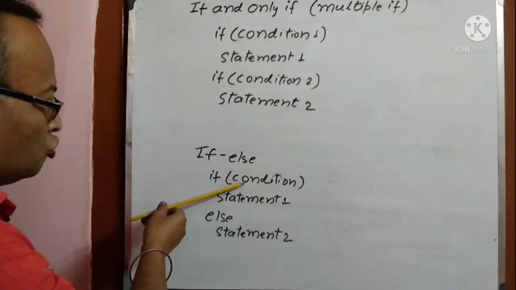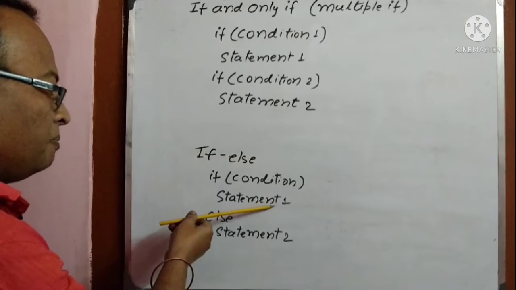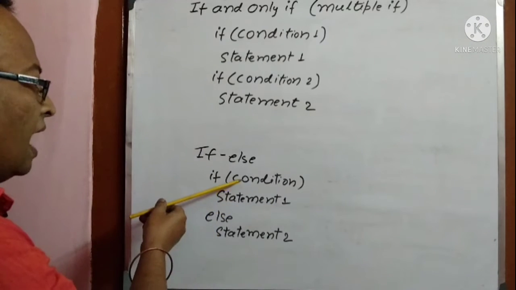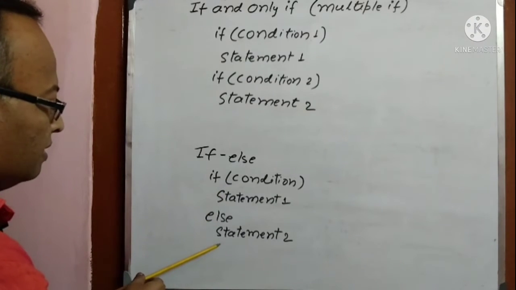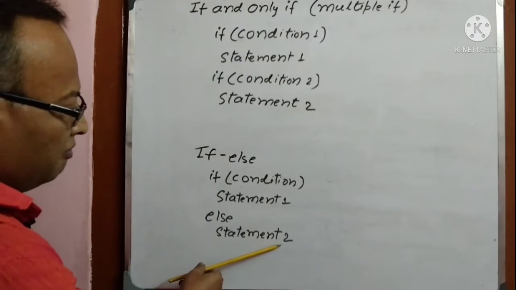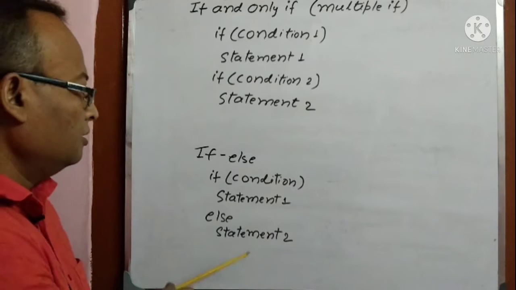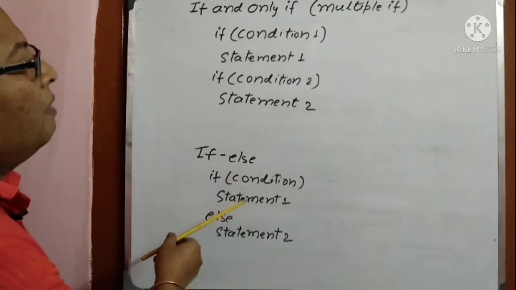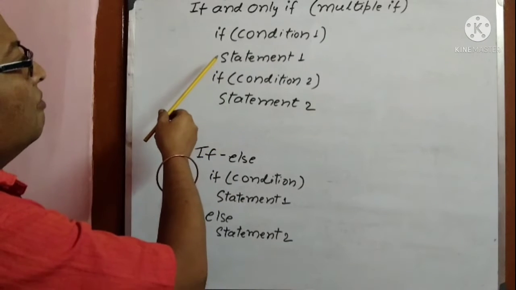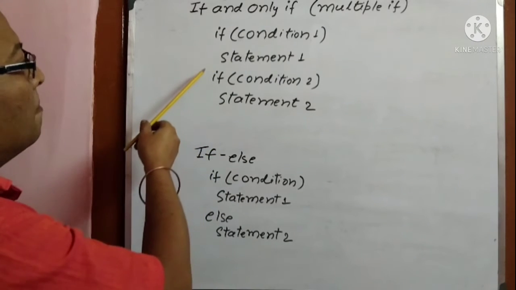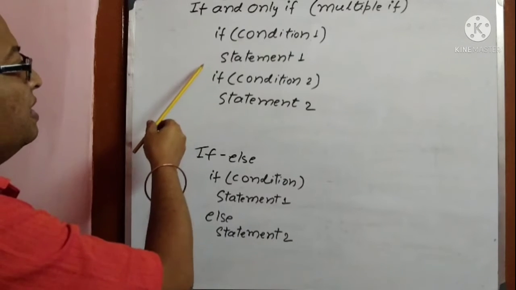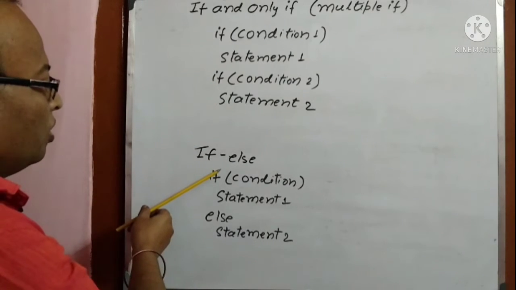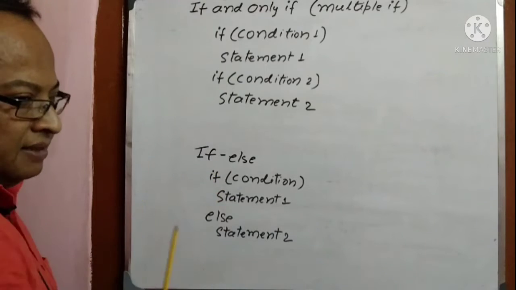If this is true, then this statement gets executed, and otherwise it will come to this else part and this statement will get executed. Okay, so I will write a program and I will first show you with multiple if, and then I will make a little bit of changes and write the program for if else.